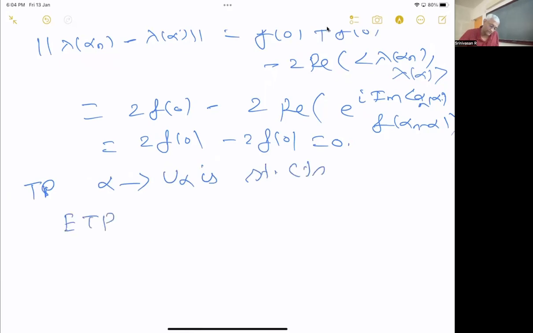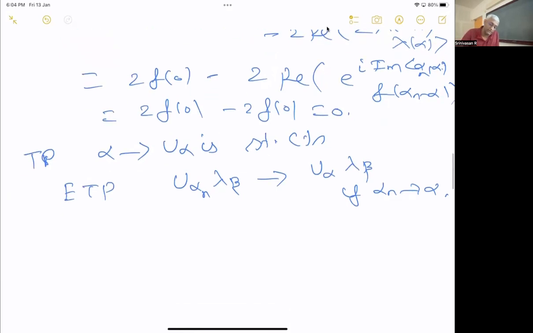It's enough to prove that U alpha n lambda beta goes to U alpha lambda beta if alpha n goes to alpha. We assume alpha n goes to alpha, then we want to prove U alpha n lambda beta goes to U alpha lambda beta. So let us check it. This is equal to e power i imaginary part of alpha n beta, f of beta plus alpha n, lambda of beta plus alpha n. Of course, f is continuous, inner product is continuous.